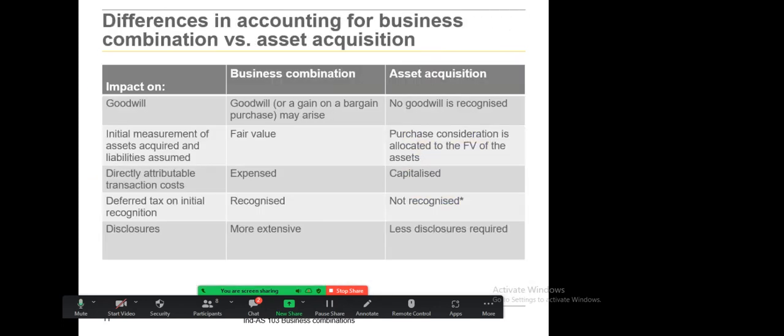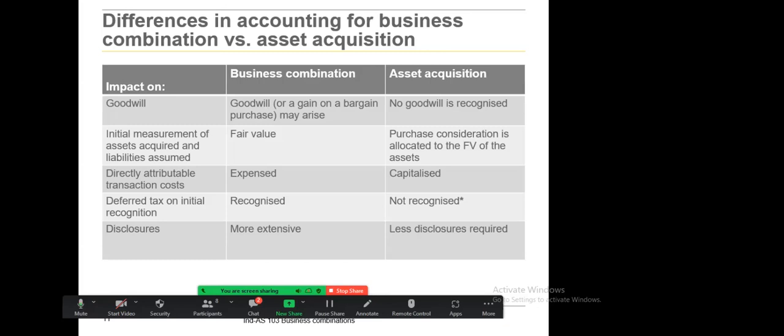Now coming on to what is the difference in accounting for business combination versus asset acquisition. In the business combination, goodwill will come. You will be paying certain consideration, that is the purchase consideration, and in exchange you will be getting certain assets and liabilities.